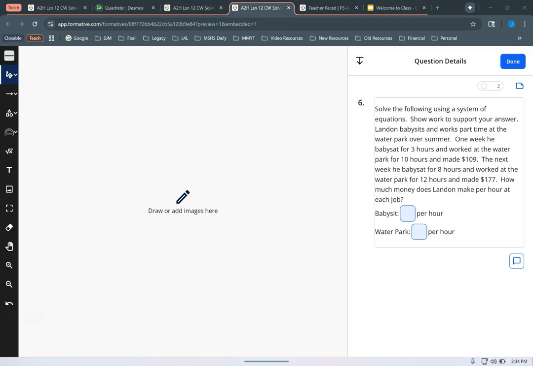Okay, so let's define some variables. What do you think would be good variables to use here? How about B and W for babysitting and water park? That sounds pretty good. So let's define our variables. B is going to be babysit, and here we'll put in parentheses dollars per hour so we know that we're looking for a value amount.